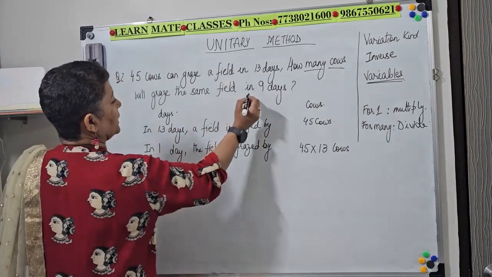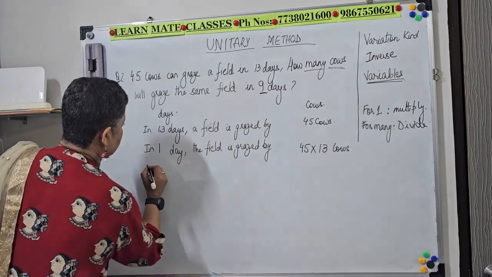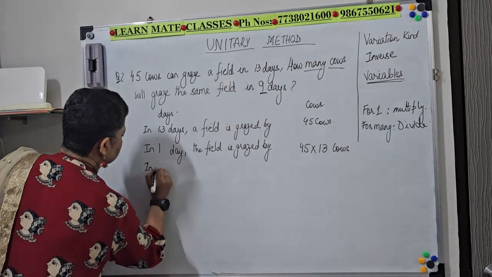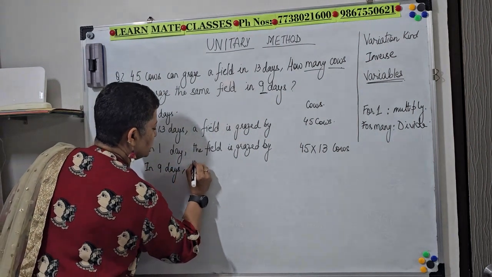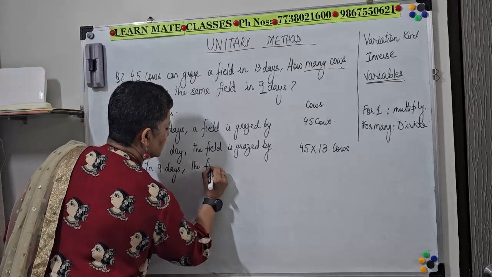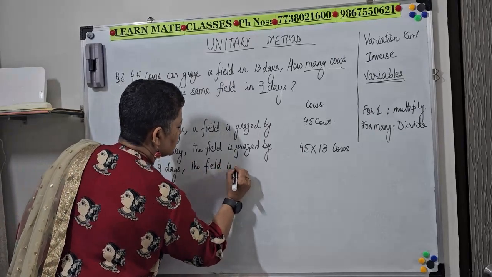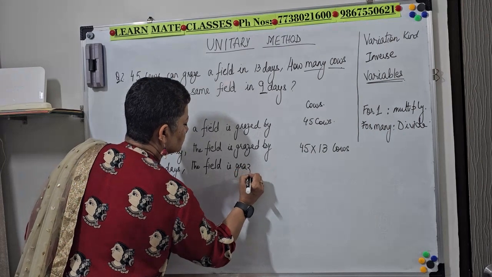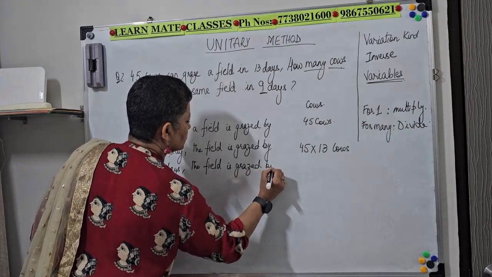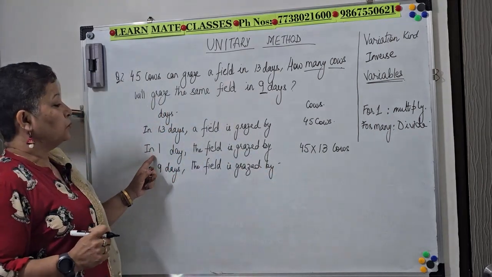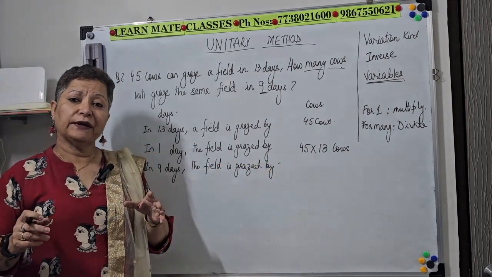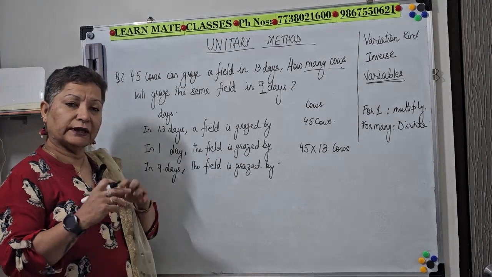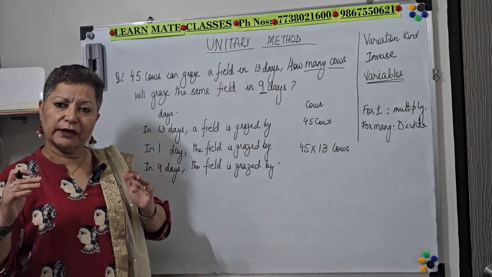So I need to find out in 9 days. In 9 days, the field is grazed by. So if in one day there were that many cows, obviously if the same field is now taking 9 days for the grass to be finished, the cows would have reduced.